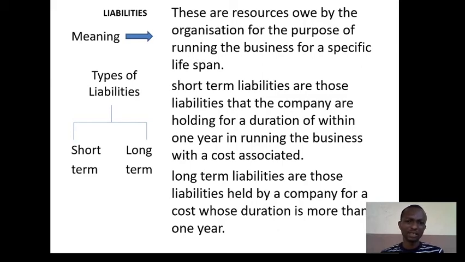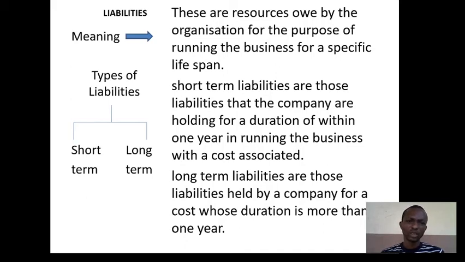Now, liabilities are those things that the company owes. It is not their own. It can either be borrowed or owed to a third party or to outsiders. Those are liabilities.